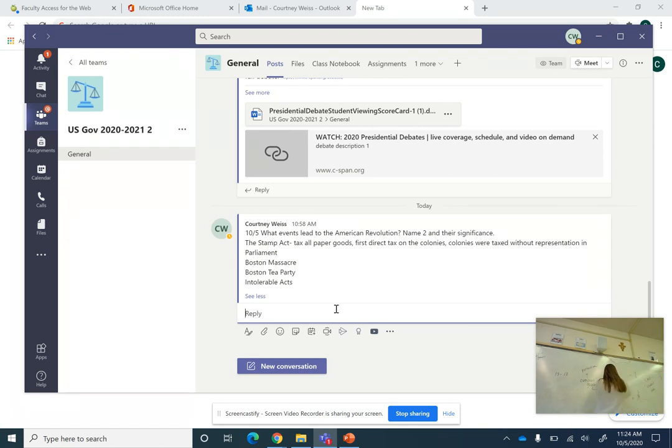A legislature is a legislative body. Meaning, a group of people that do what? Make laws, right? It is a law-making body.